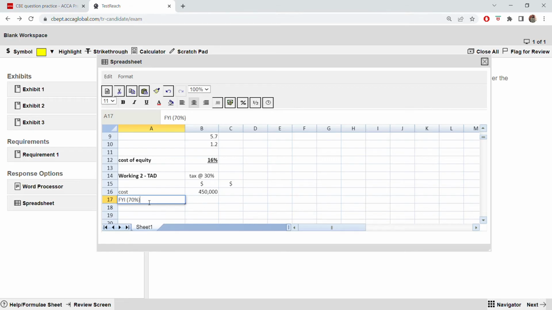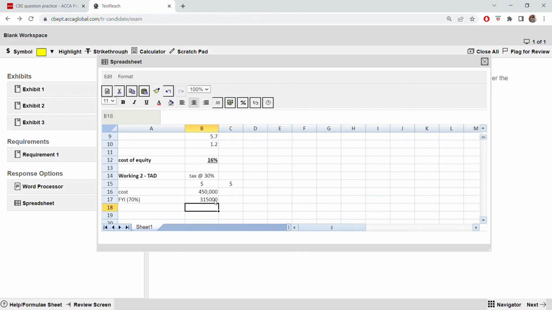It makes it very clear for the examiner as well as you what percentage you applied. Now equal to, just take 70% or 0.7, multiply by this and enter. Automatically you will get the answer.